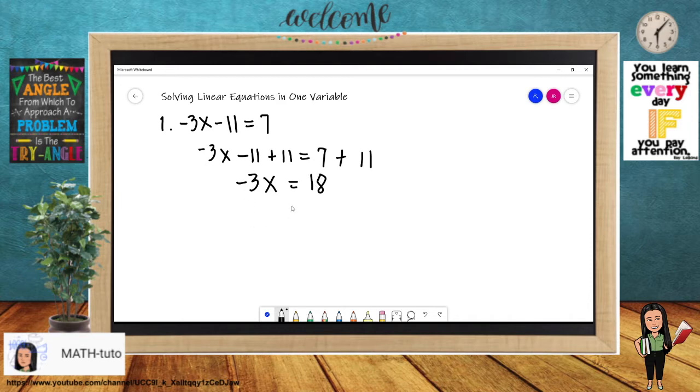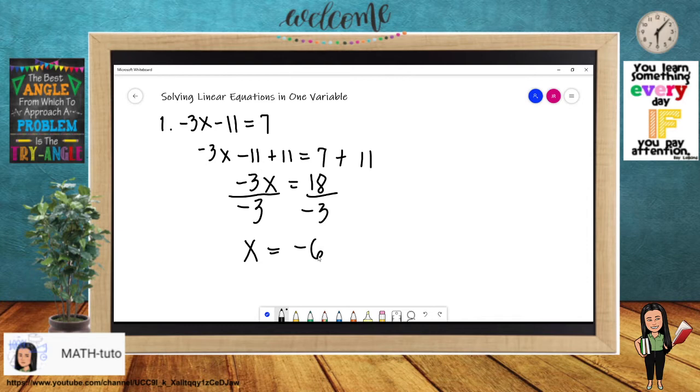We now divide both sides by negative 3 or multiply it with negative 1/3. Dividing by negative 3 is the same as multiplying by negative 1/3. We divide by negative 3. x is negative 6.